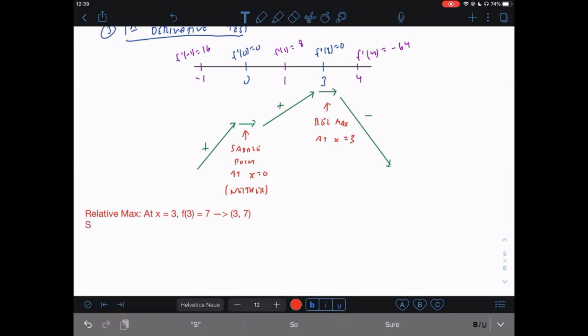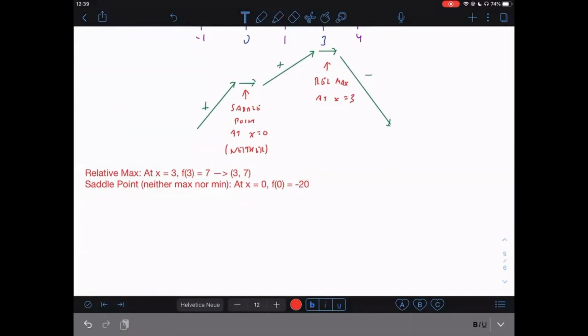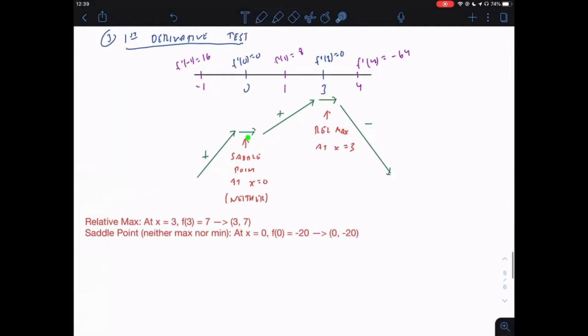Instead, what we found at x equals 0 was a saddle point, meaning neither max nor min. And our saddle point was at x equals 0. And if we plug this into the original function, we get negative 20. All right, so we have a saddle point at (0, -20). Okay. Again, not every critical number will give you a relative extrema.